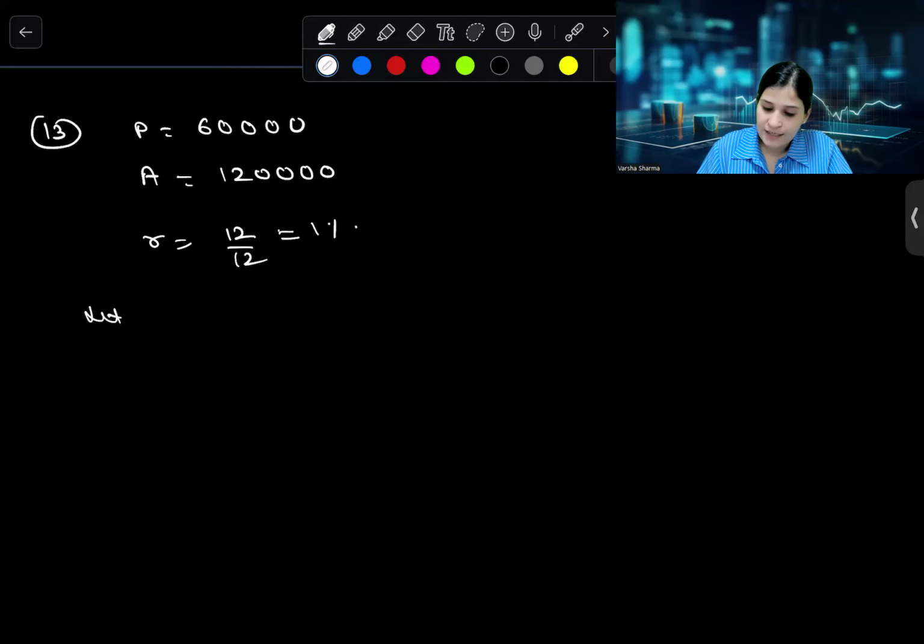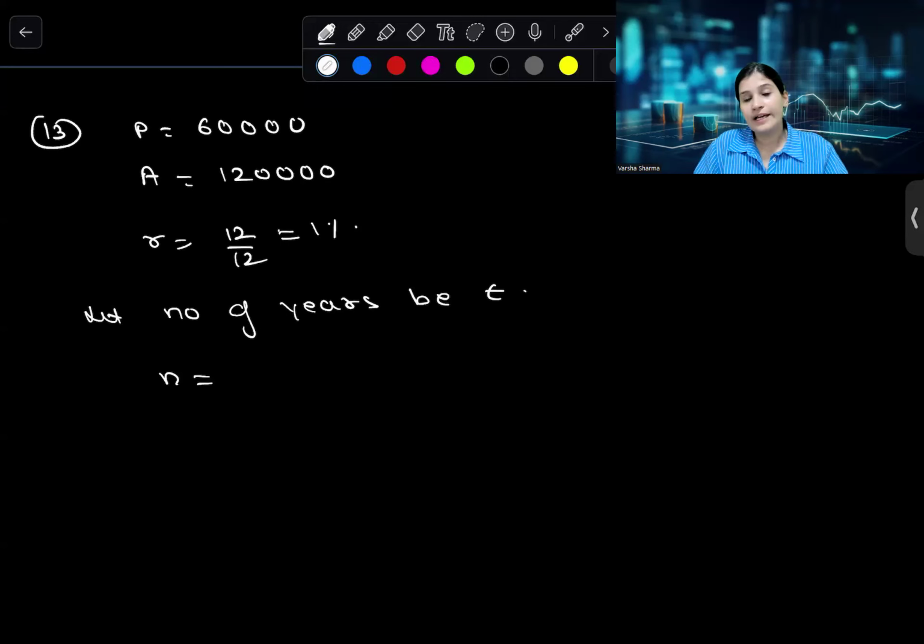When they ask us to find time, they're asking us to find the years. So let the number of years be t. Then n will be how much? In 1 year, there are 12 installments.